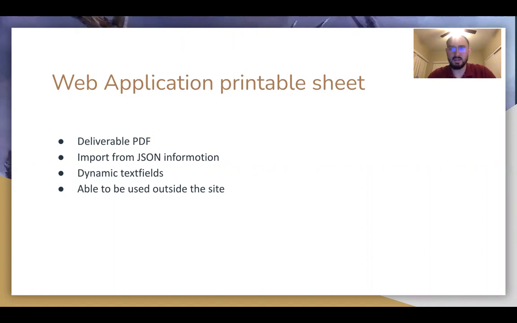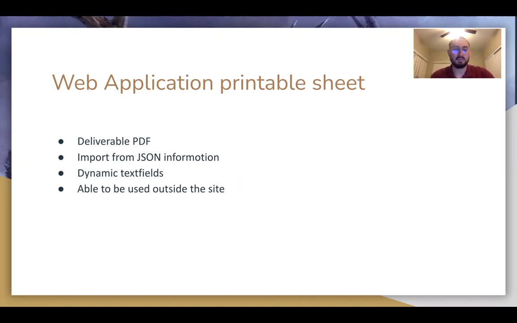So one of the aspects of this project is to be able to have a PDF version of the character sheet or the character creator, and that's one of the deliverables. We use the information that's being sent to the UI, and it's being sent to a JSON file. We use that information to send to the PDF and be able to print it out.